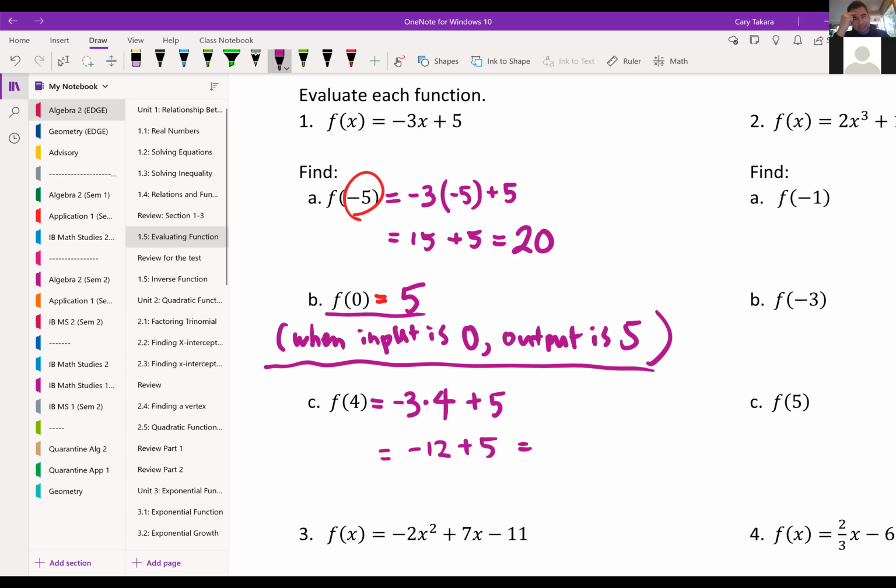What is that? -7. Very good, Haley. So when input is a 4, output is -7. Or when x is 4, y value is -7. Okay?